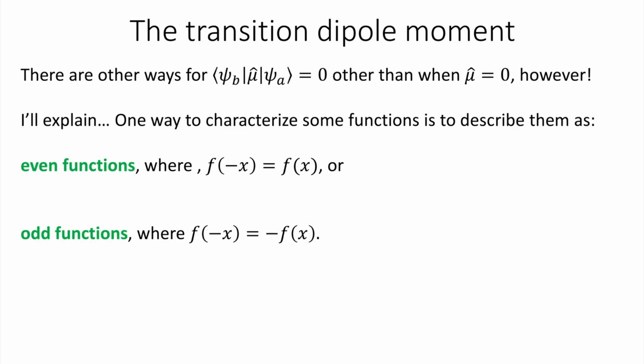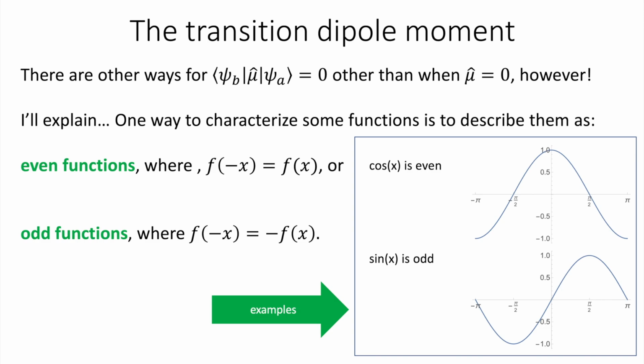This is pretty clear, but it's even clearer if you see an image. If you look at that cosine function, f of x and f of negative x are going to be on opposite sides of that symmetric function. So if I take f of negative pi and f of pi, it gives me the same height. So that's an even function.